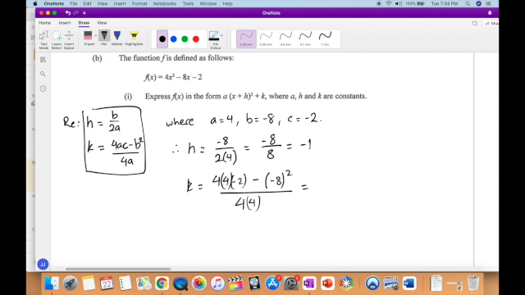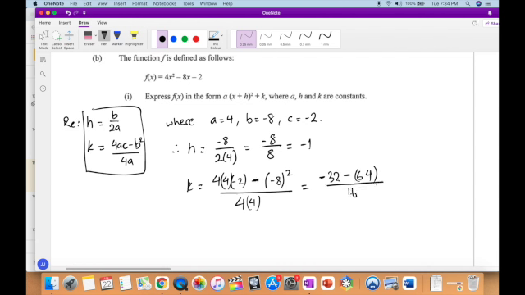Well, 4 4s are 16. 16 times -2 is -32 here, right? Minus this -8 squared will end up being a positive 64, right? So this positive 64 is in the brackets there, where I squared -8, but I still have this minus sign, so you have to be real careful about that, right?